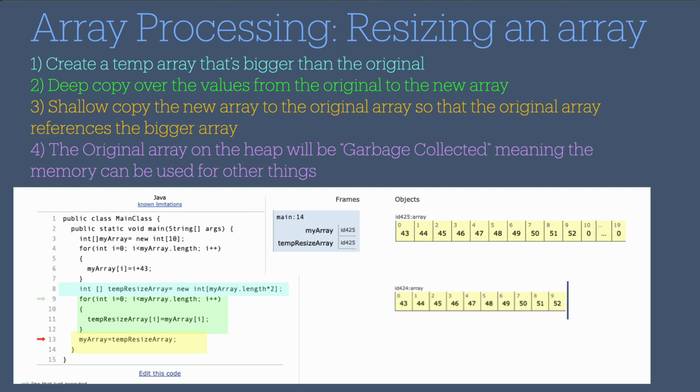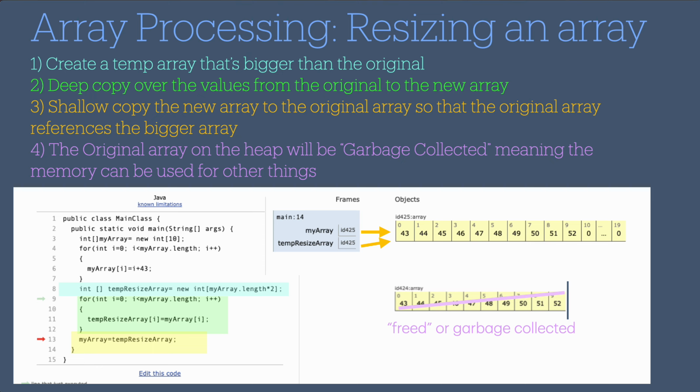So we first do the deep copy from my array to temp resize array, and then we do a shallow copy from temp resize array to my array. Okay, think about what that does. By the end of this code, my array and temp resize array are both pointing or both referencing the same memory, which is this array that's double the size.